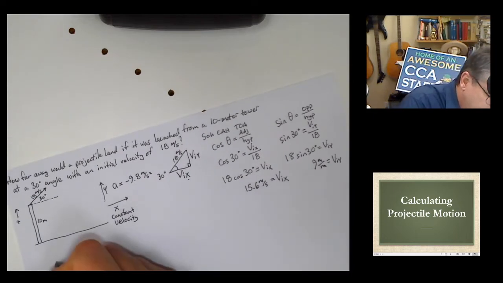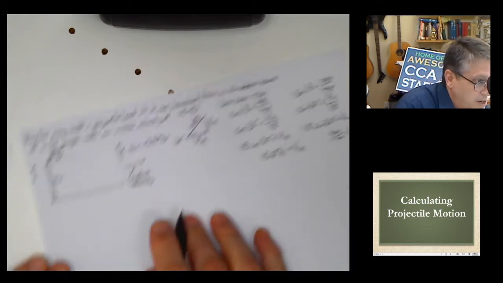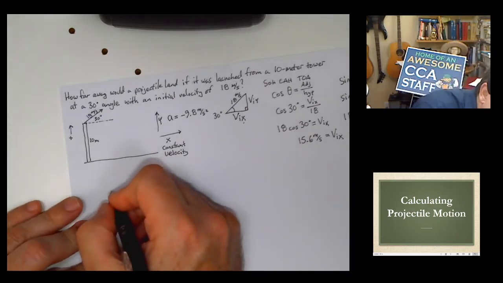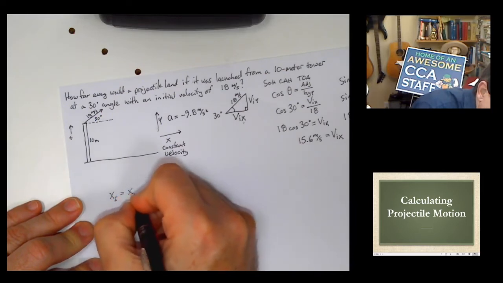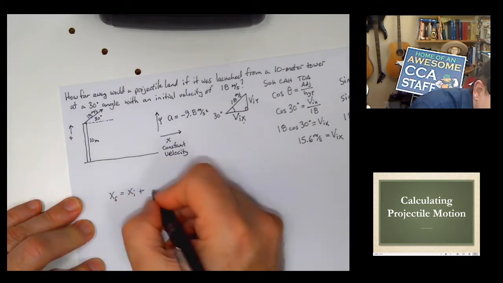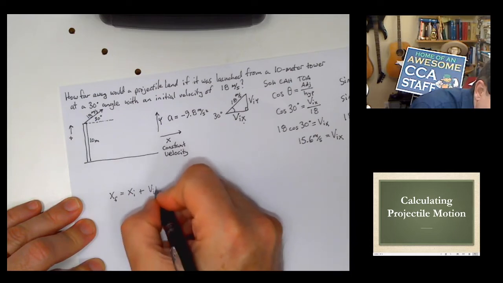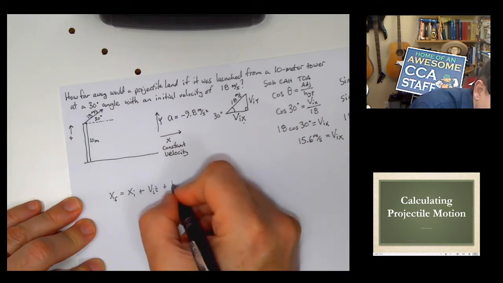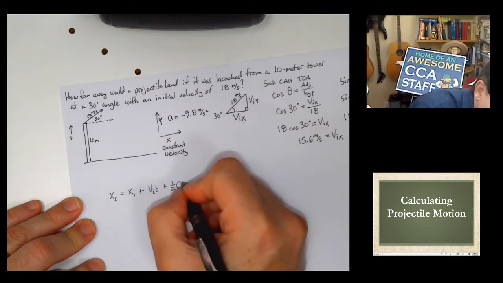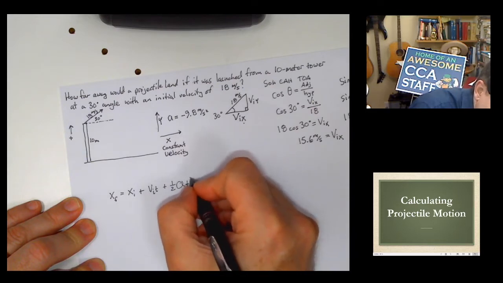And it goes like this. I'm going to start back over here, I guess. So this equation is the final distance equals the initial distance plus the initial velocity times the time plus 1/2 times the acceleration times the square of the time.